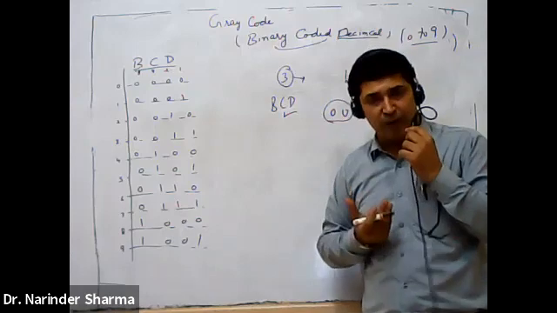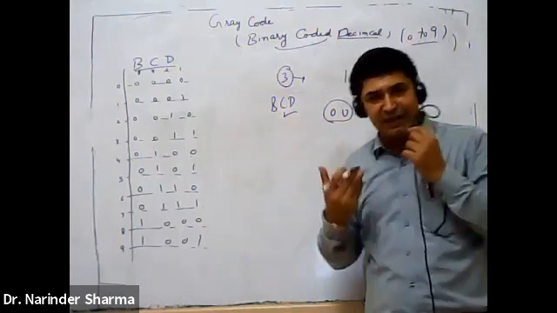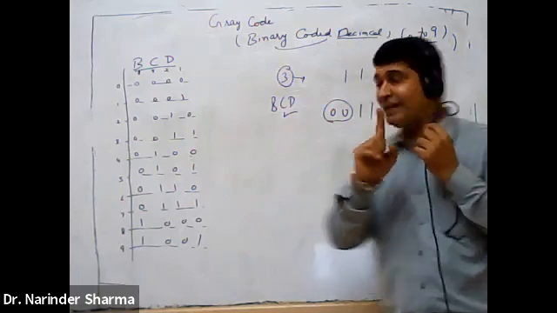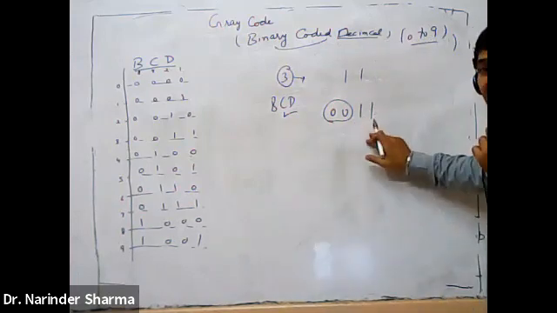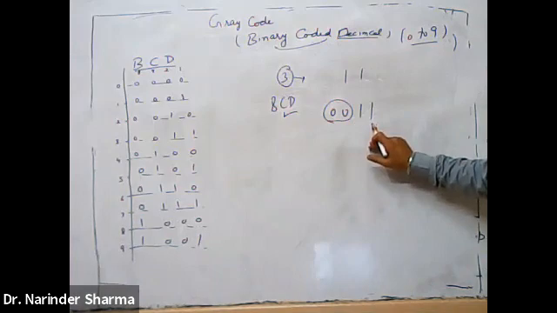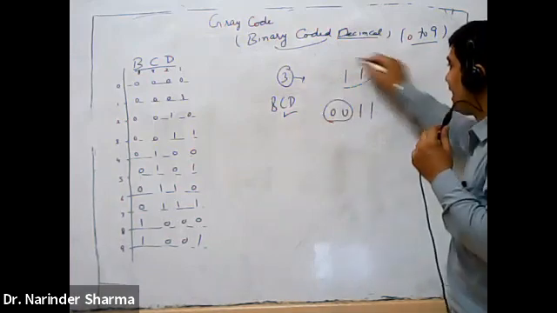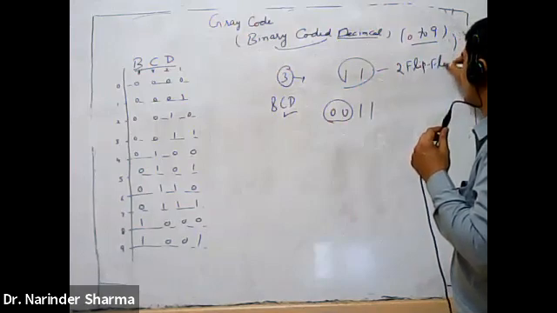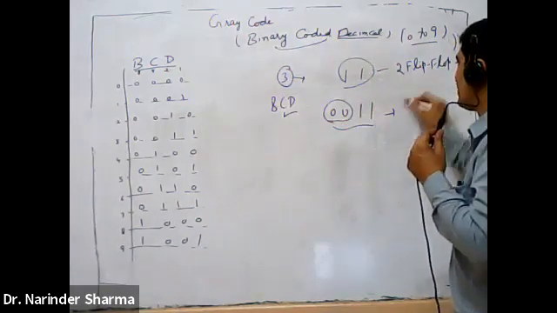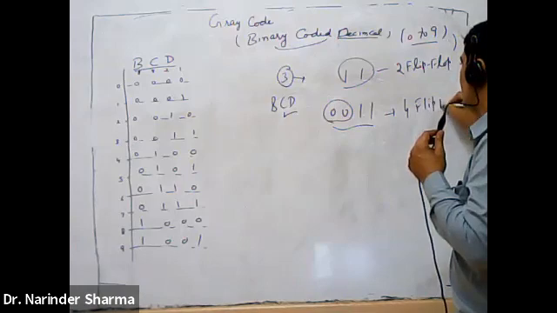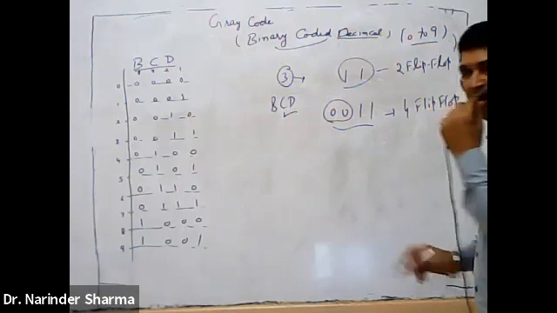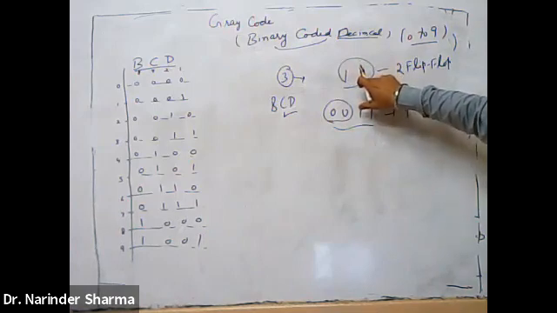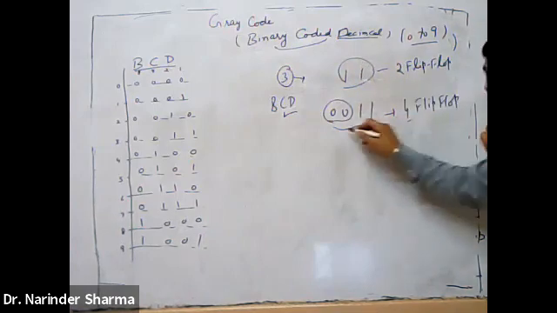There is the flip-flop, which you have already studied in BEEE also. A flip-flop is a 1-bit memory cell, so each bit requires one flip-flop to store it. If I have to store 3 in binary, I require 2 flip-flops, but in BCD I require 4 flip-flops.